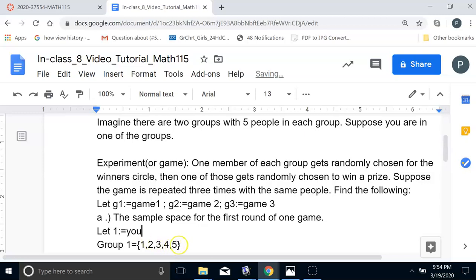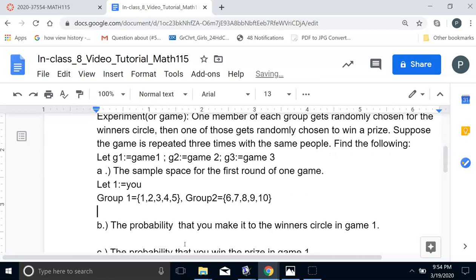So you're number 1, say, in group 1, and say group 2. Group 2 then will be, say, 6, 7, 8, 9, and 10. So let's look at the sample space from that then.